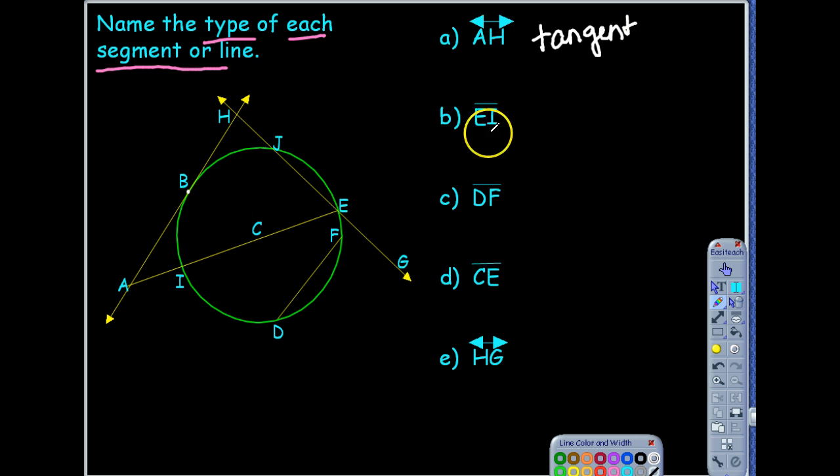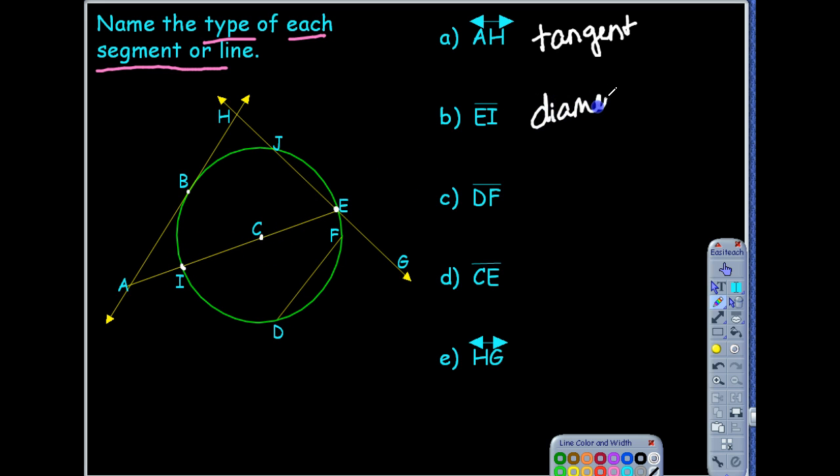Okay, segment EI. It's a segment going from E to I, and the center is C. Usually they would say this is circle C. So that's a diameter because it's going through the center.